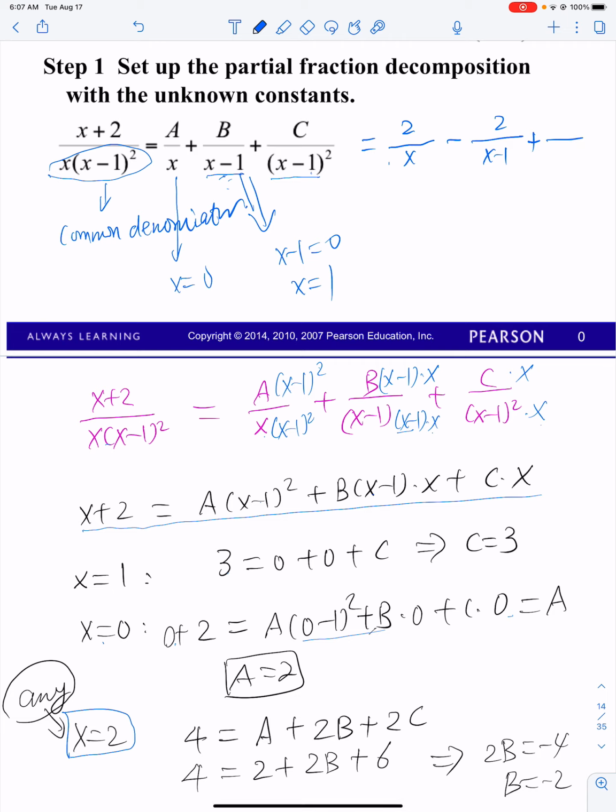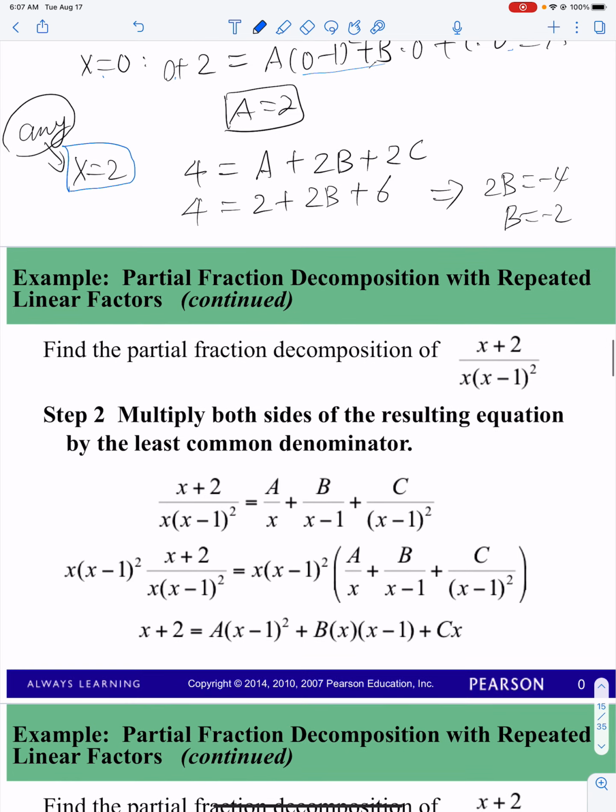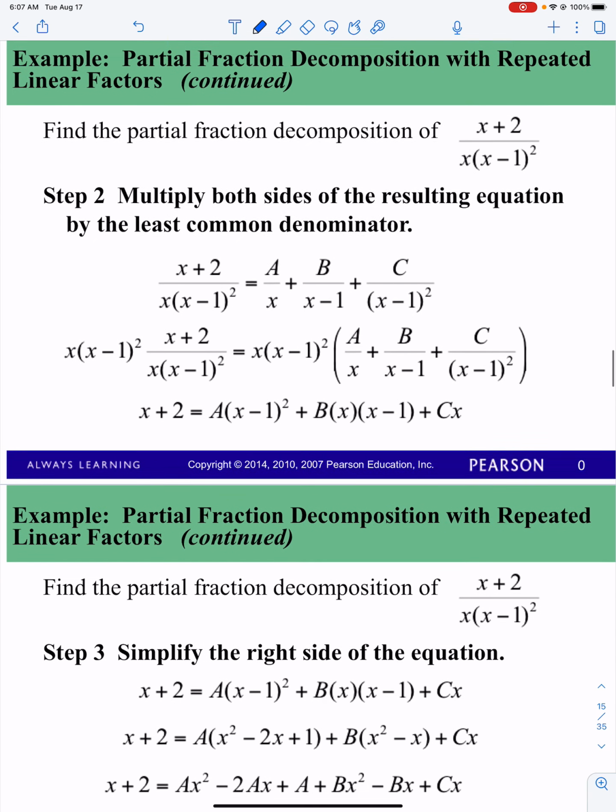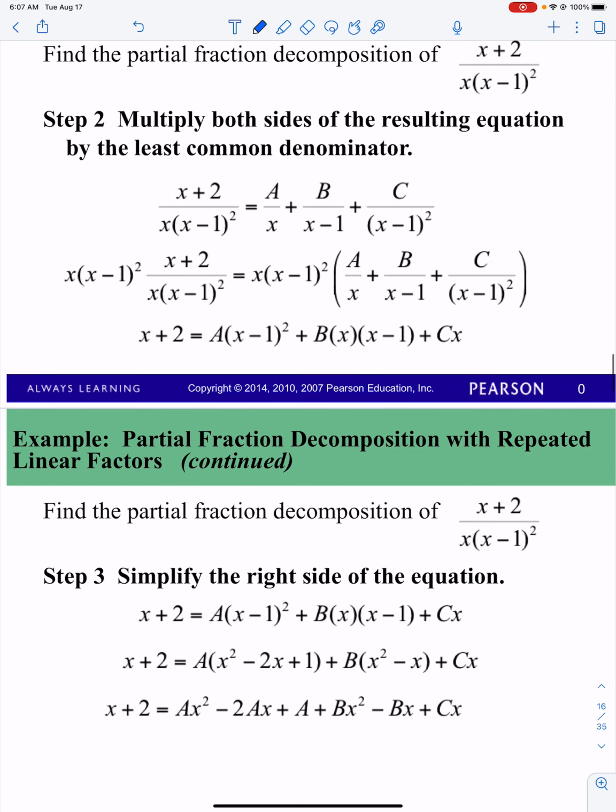What is c? 3 over x minus 1 squared. Okay, so this is your A, B, C, yeah? So you find it, and you have already decomposed this fraction.